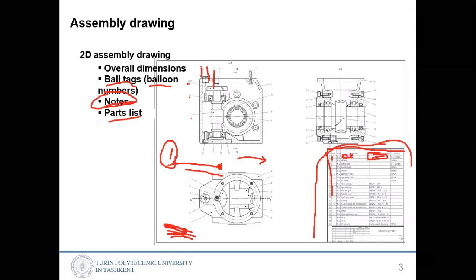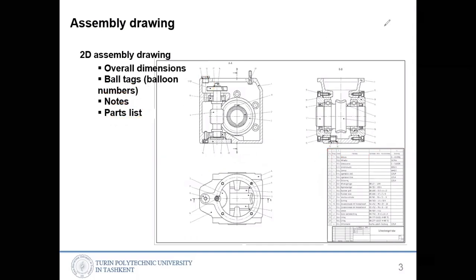If there is no place to draw it inside the assembly drawing, it might be included on other pages, but assigned with this drawing. So the assembly drawing always has a part list or bill of material.